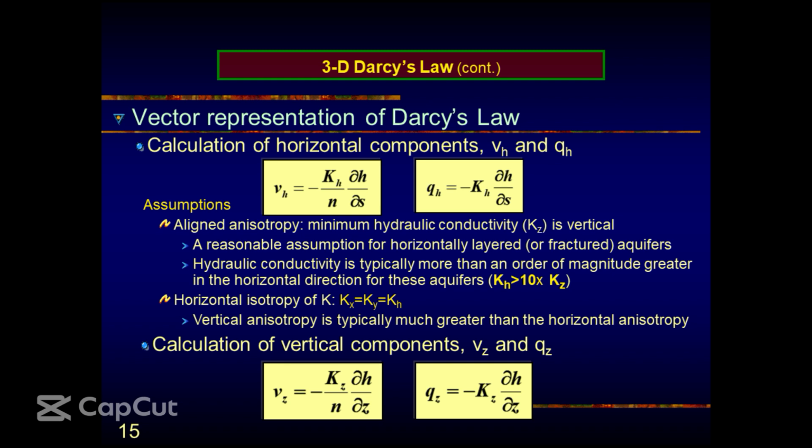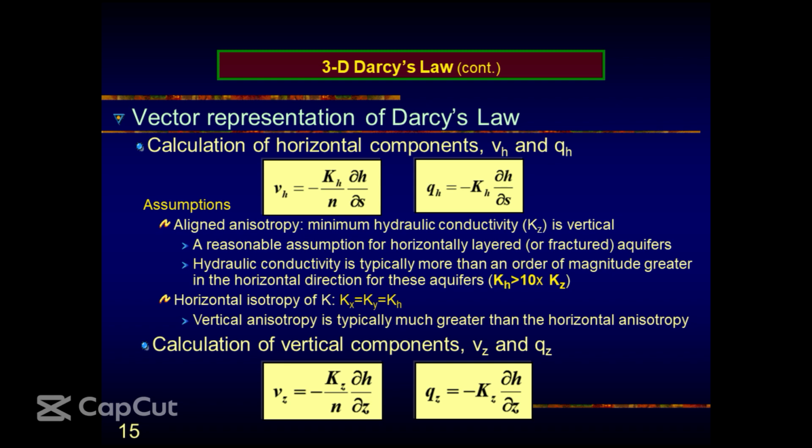For horizontal isotropy, horizontally, you have the horizontal and then you have the vertical. The vertical, because it's small, we are neglecting it, but horizontally we are considering the isotropic case. By isotropic case, we are saying that Kx equals Ky equals Kh, meaning we have 2 different conditions.